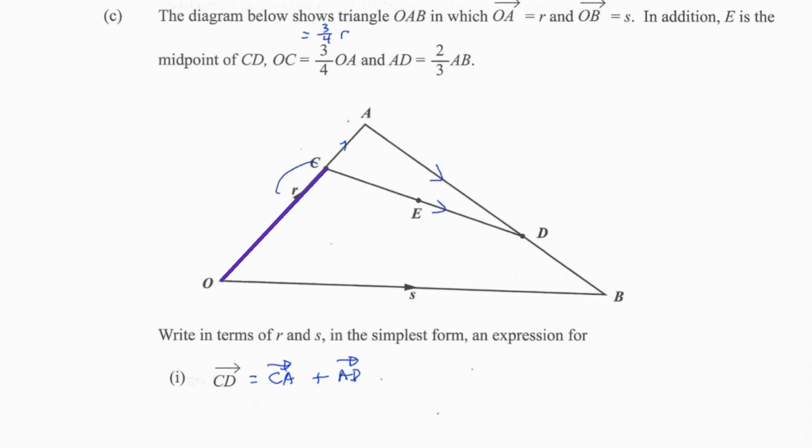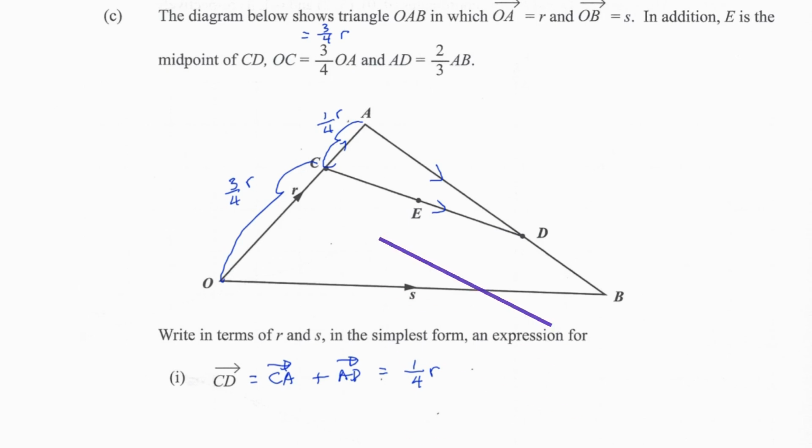So let's put that in a diagram here. So this is equal to 3/4 R. So if this whole thing is R and this part is 3/4 R, then CA is equal to 1/4 R, which is just from right here to here. So we have already found here that CA is equal to 1/4 R. But we still need to find AD.